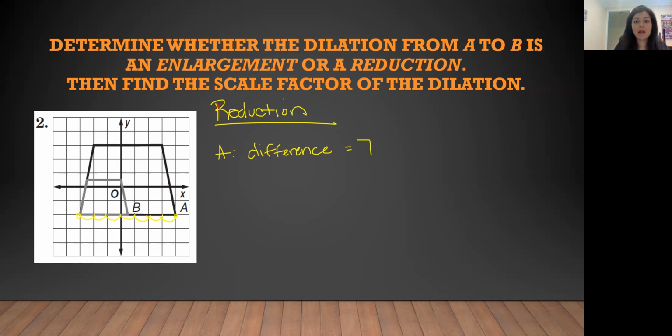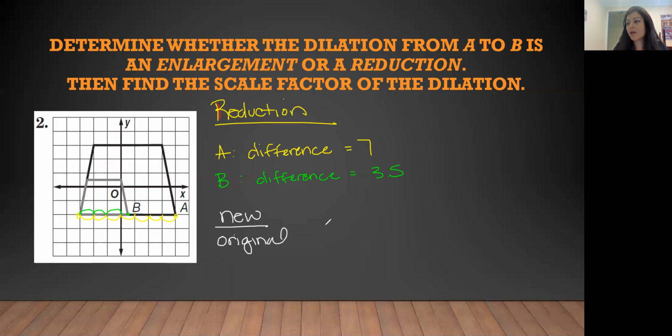And then for B, the difference between this vertex and this vertex here is 1, 2, 3, and then it's halfway between the next one. So the difference is going to be 3.5. For our scale factor, remember it's the new over the original.